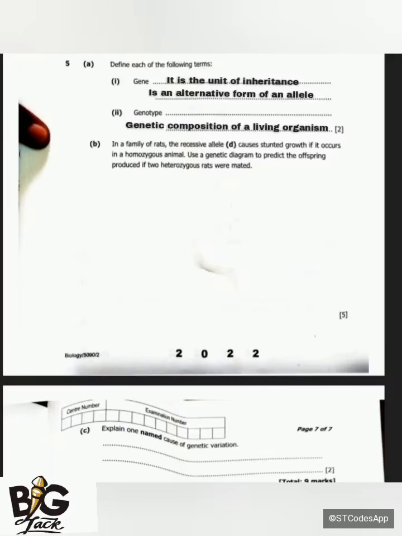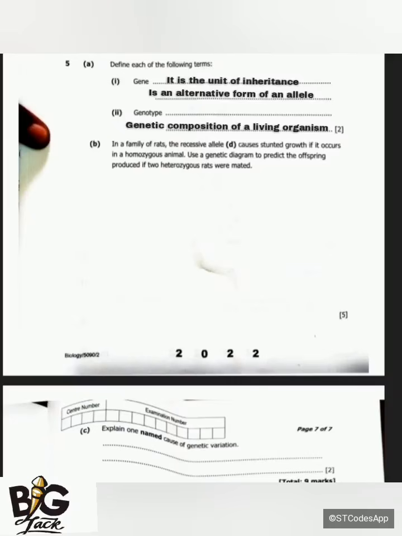Now, usually the alleles are represented by letters. For example, small letter d represents a recessive allele, and capital letter D represents a dominant allele, which means this dominant allele is more powerful. As a result, it is going to show itself in the phenotype.